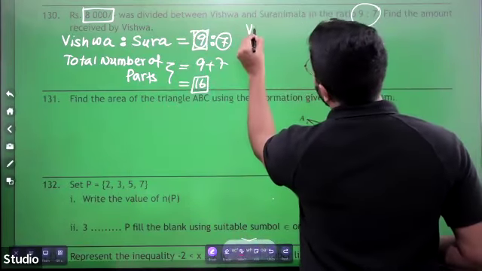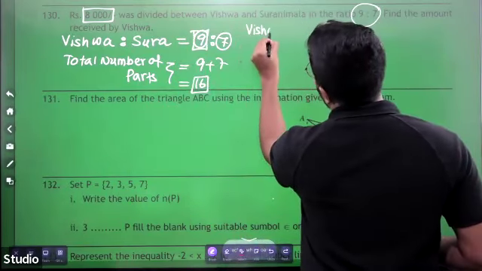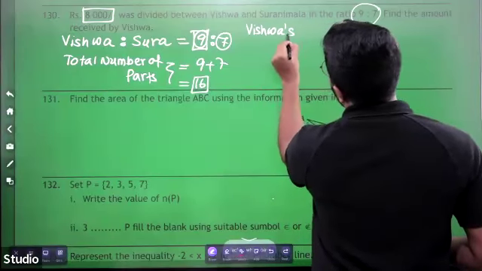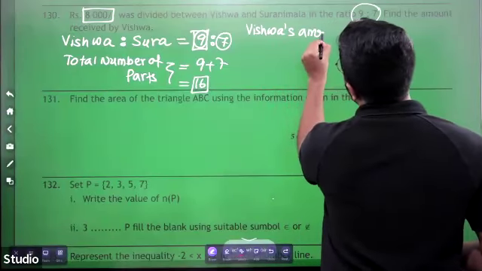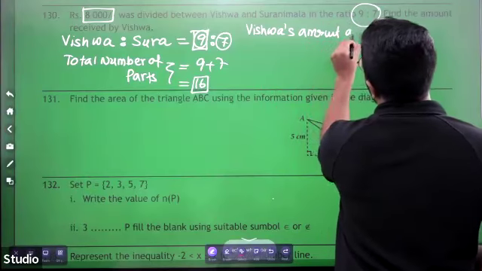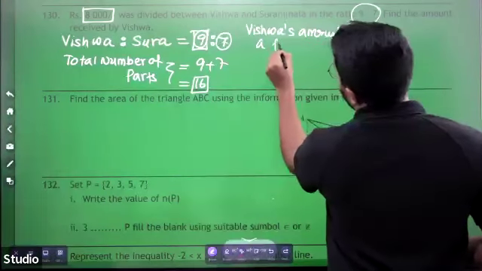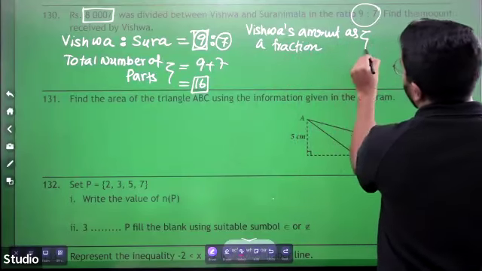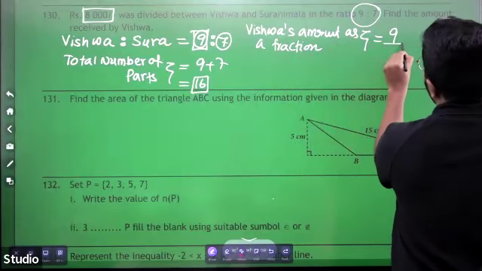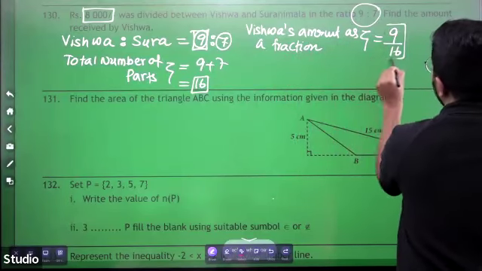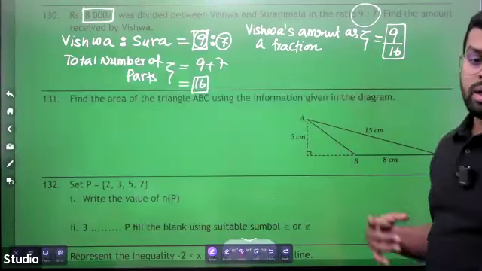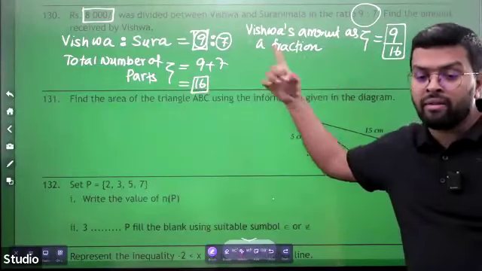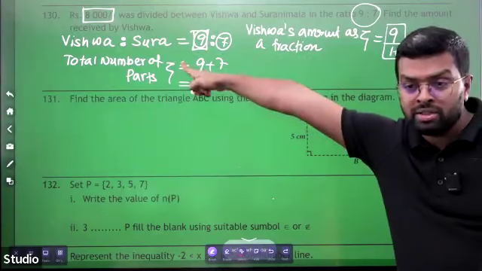So Vishwa's amount as a fraction out of total will be 9 out of 16. Now the total amount you have is 8,000 rupees.